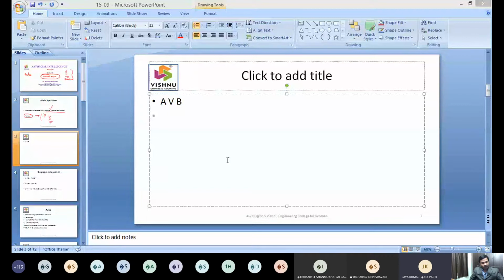Right. See here now, is this right? Is A and B equal to this part? Is that statement right?